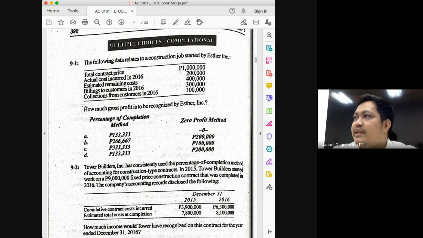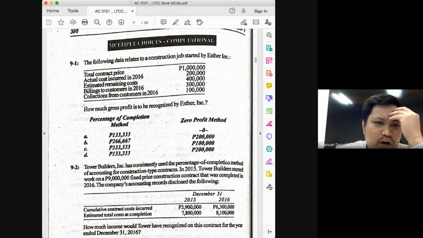Very important distinction, class. Please do not confuse your cost at completion with cost to complete. Between cost to complete and cost at completion, which one do you need for your expected gross profit, class? Cost at completion. Okay? So please do not get confused between the two. Okay, so we already have our expected gross profit of 400,000.